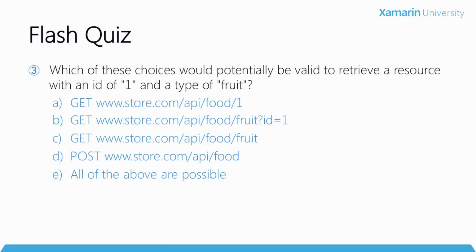Question 3. Which of these choices would potentially be valid to retrieve a resource with an ID of 1 and a type of fruit? Would we A, use the get verb on the URL you see there, B, use the get verb on the URL including the query string, C, use the get verb on the URL using food/fruit, D, post to the given URL, or E, all of the above are possible?